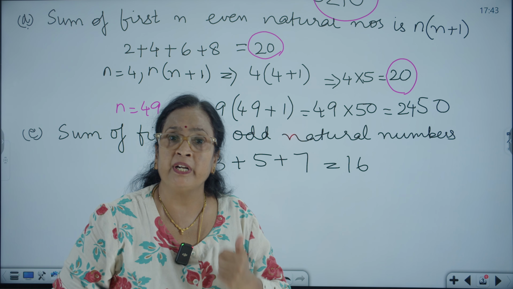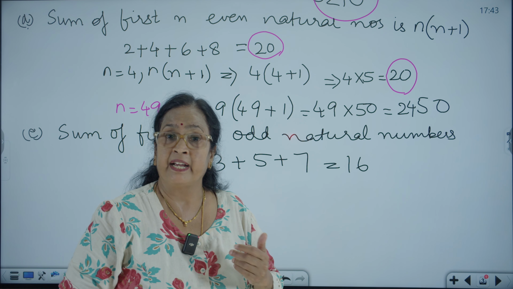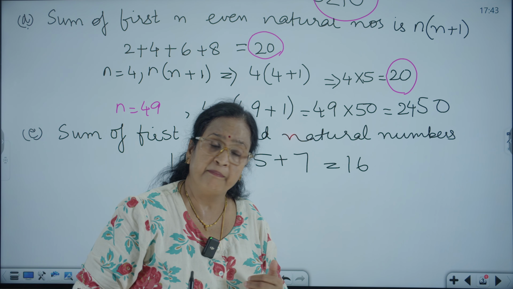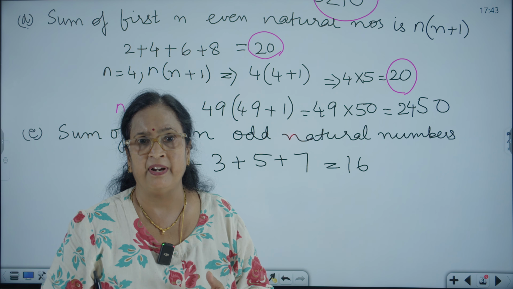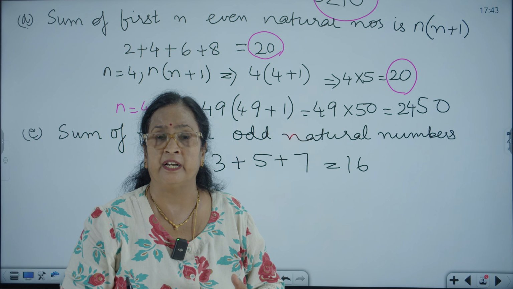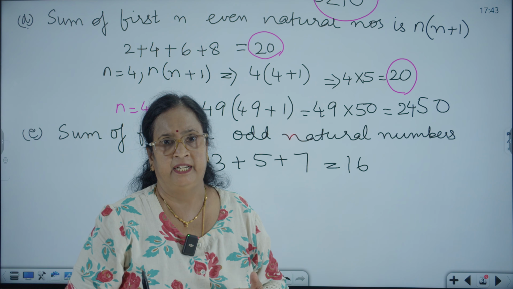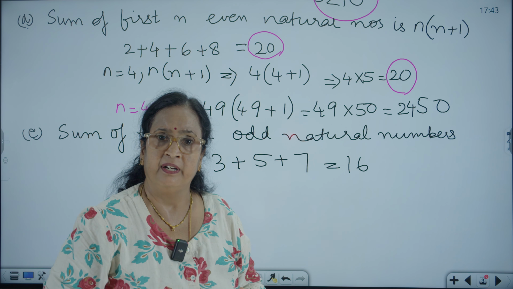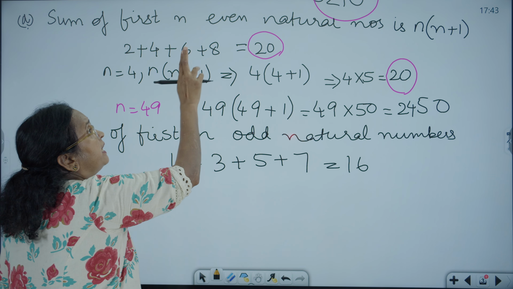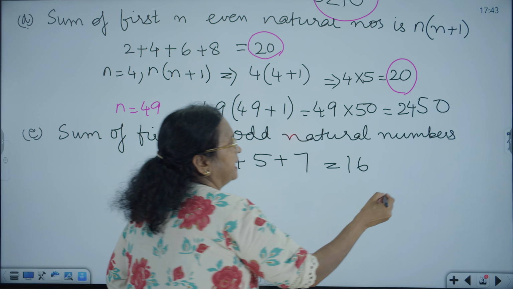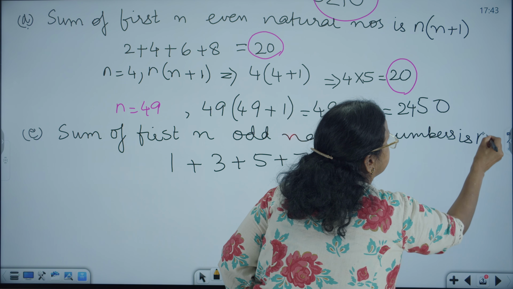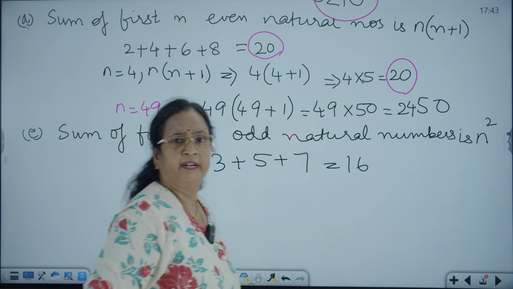Suppose I want 40. Yes, I can sit and do it, but it will take a long time. We are preparing for the competitive level. We want to finish a question within a minute. So, let us take the formula. The formula for n odd natural numbers is n square, simply n square.